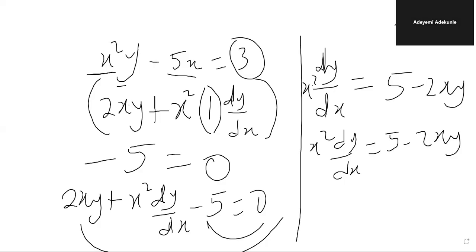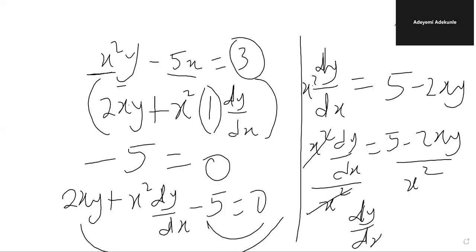What we need is our dy dx, so you need to divide both sides by x squared. X squared will cancel x squared. We are left with dy over dx equals 5 minus 2xy over x squared. So when you have questions like x squared y minus 5x equals 3, our derivative is 5 minus 2xy over x squared.